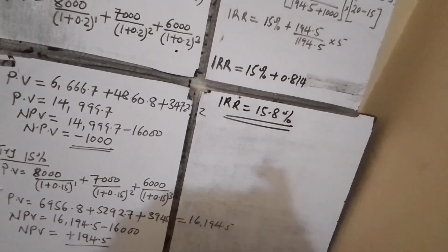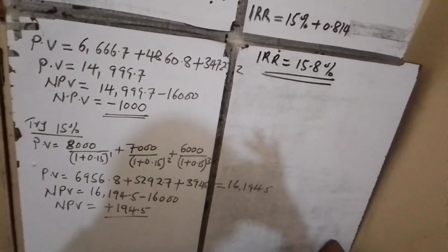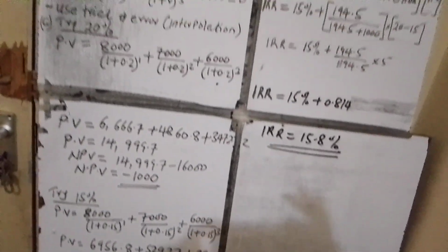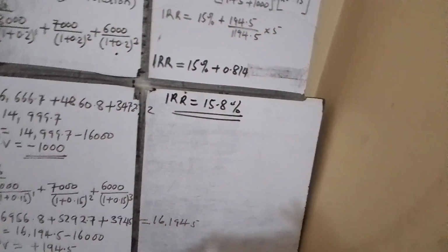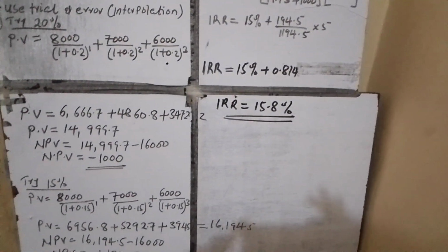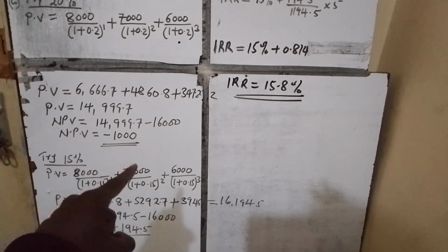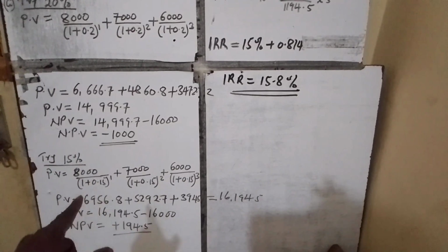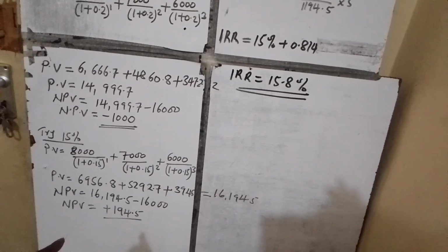Since 20% has given me a negative, I should take a lower percentage. So I have decided to take 15%. So 8,000 over 1 plus rate. Right now I'm using 15%. You are just taking randomly. You can even use 16 or whichever number that you want.